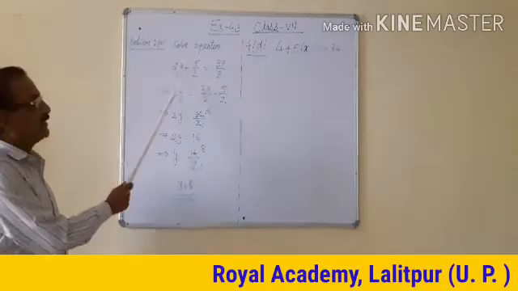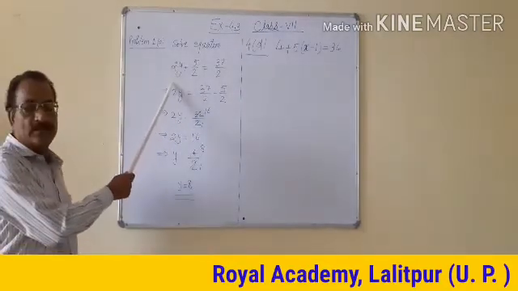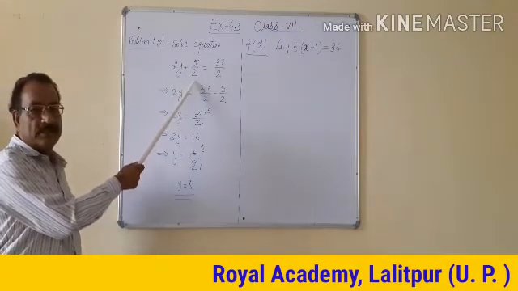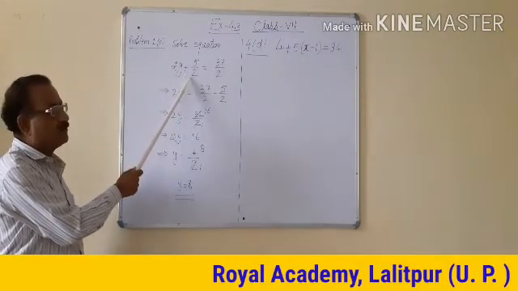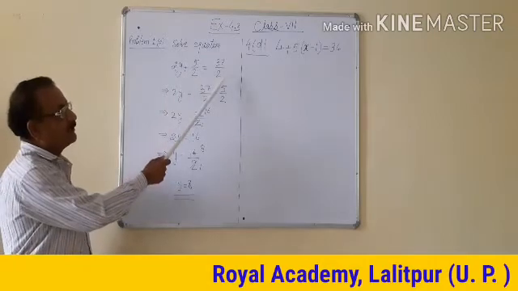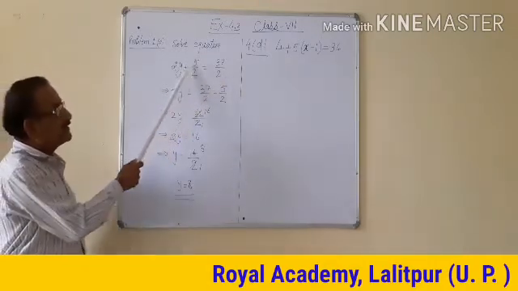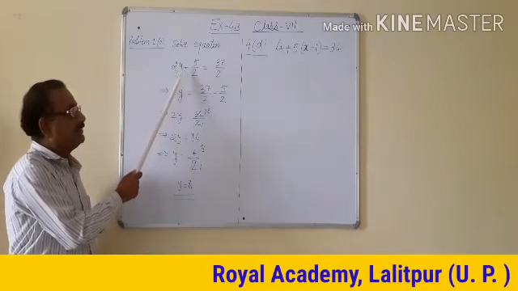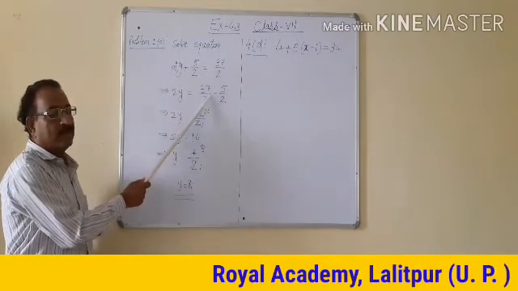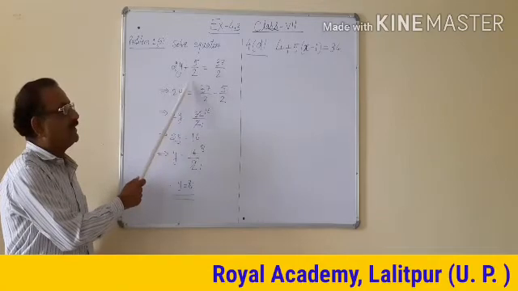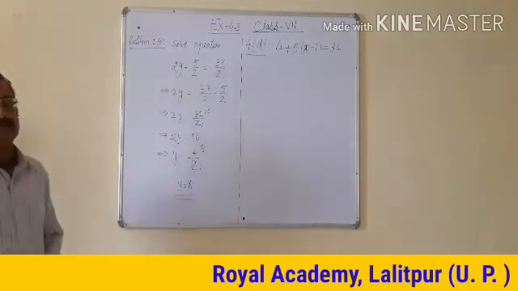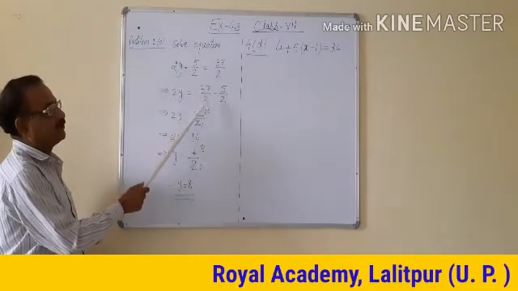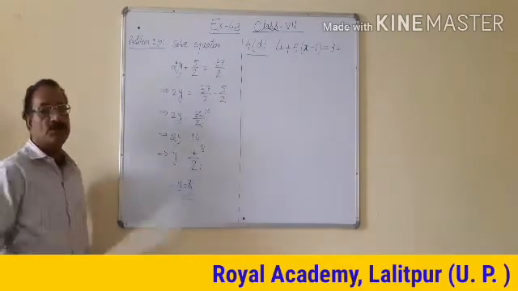In this equation, 2y is the variable, 5 upon 2 is the constant. So we shift 5 upon 2 from the left side to the right side. Since the sign of 5 by 2 is plus, the sign will be minus when we shift from left to right. So it becomes 2y equal to 37 upon 2 minus 5 upon 2.